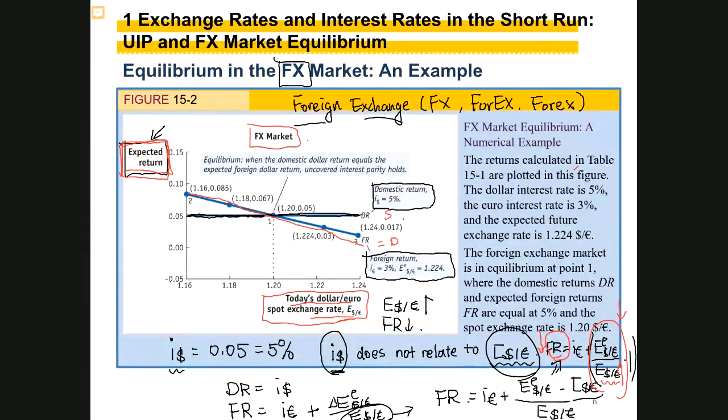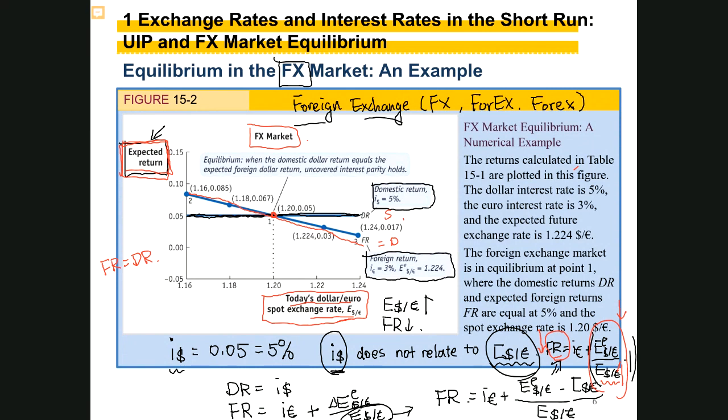Right? So we know that under the UIP, the intersection of the two lines is the equilibrium. That means the foreign return is equal to the domestic return. If this is not the case, this won't be the equilibrium.